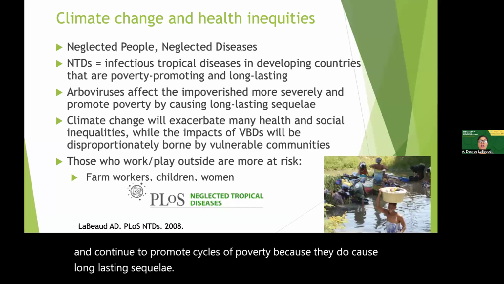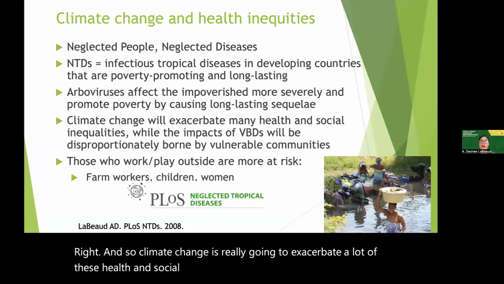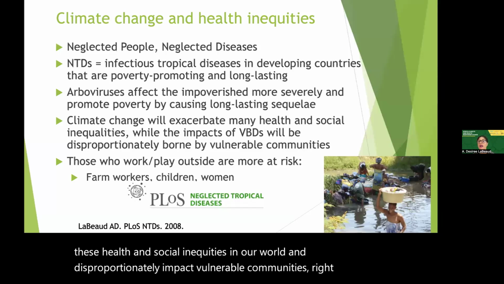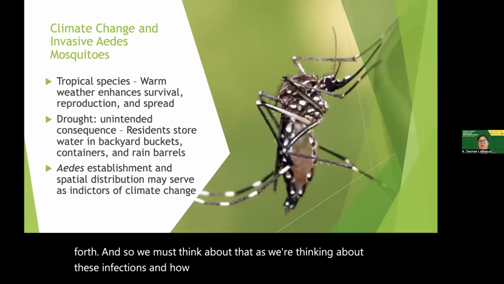And so climate change is really going to exacerbate a lot of these health and social inequities in our world and disproportionately impact vulnerable communities, right? Those who are outside, those who don't have adequate housing, and so forth. And so we must think about that as we're thinking about these infections and how to prevent them.